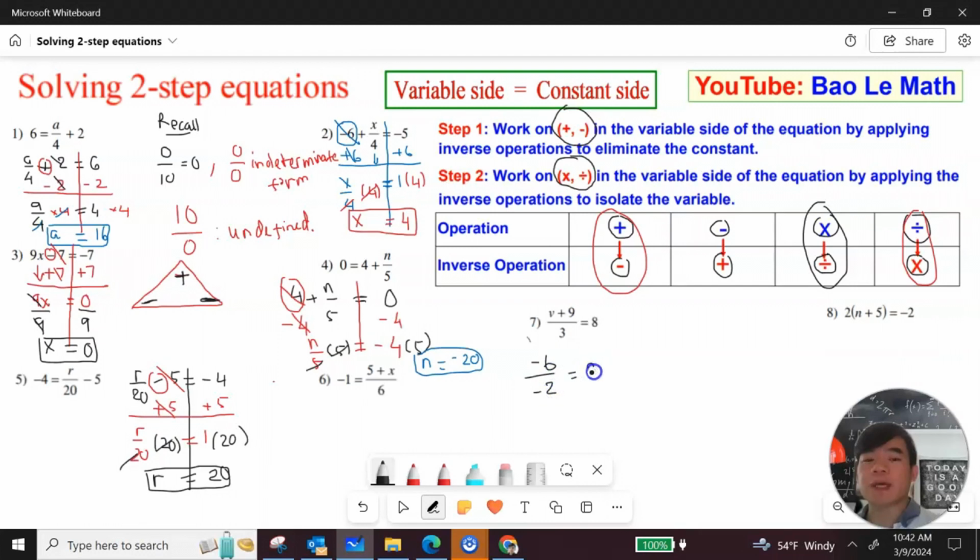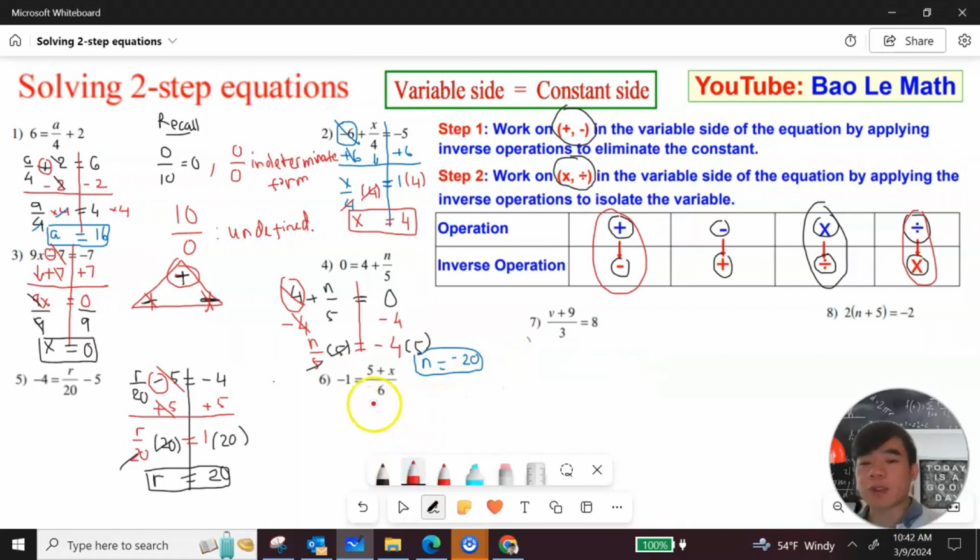Now I need to find the answer. So I look at this negative side right here, I cross it out. -2 right here is the negative side, cross it out. So the answer must be positive. So 6 divided by 2 equals 3. So the answer is 3. Alright, keep that in mind. I hope you understand the triangle trick.